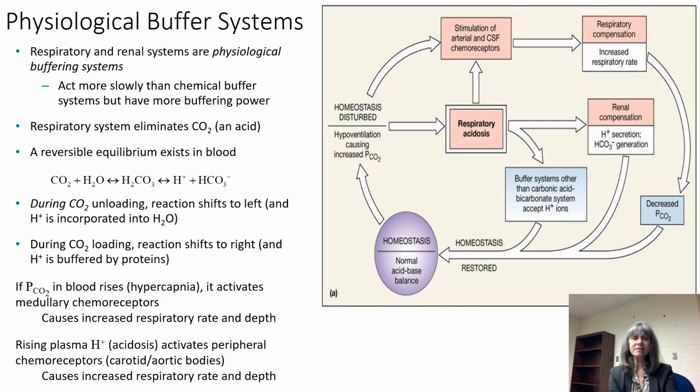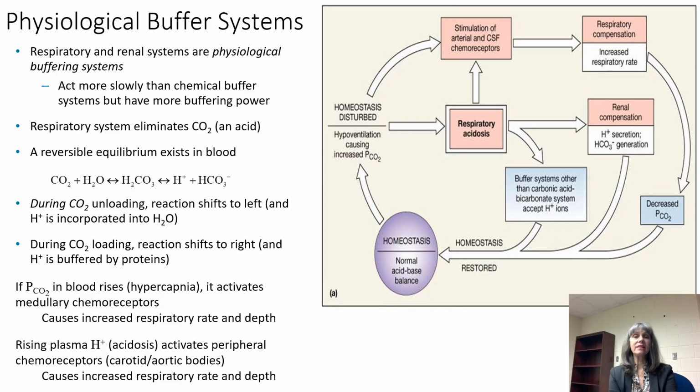The respiratory system is able to eliminate carbon dioxide, which is acidic. And there's a reversible equilibrium that occurs in our bloodstream, and that is when carbon dioxide and water interact, that can form carbonic acid, which can further dissociate into free hydrogen ions and bicarbonate.